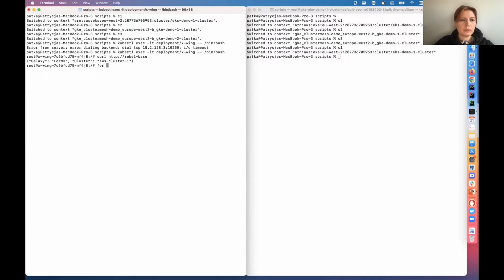And now, that's deployed as a global service. So at the moment, we've got the answer from cluster 1, but I would like to hit it many times, so as to see the answers from other clusters as well.